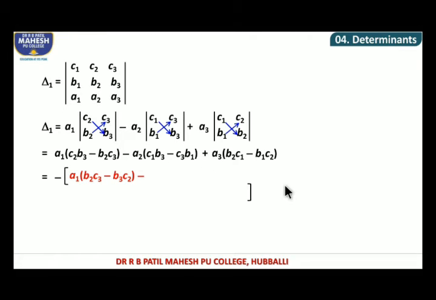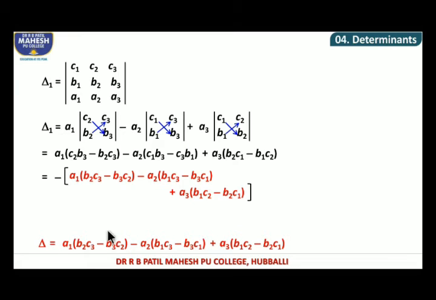So that is minus a2 into the bracket of b1 c3 minus b3 c1, where the terms are interchanged because the minus sign is taken common, plus a3 into the bracket of b1 c2 minus b2 c1. Now observe the delta value here.